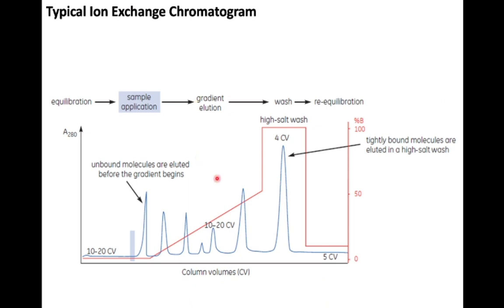As the gradient begins, the tightly bound molecules are eluted in a high salt wash. Okay, so the tightly bound ones are only released in the high salt wash. And then afterwards you have a re-equilibration, at which point you can reuse the column, and that's normally at least 5 column volumes.